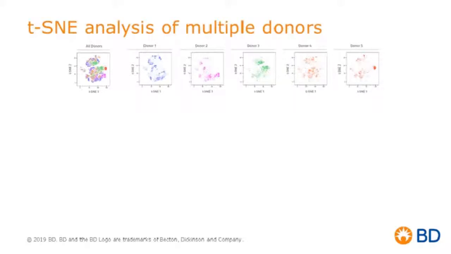They're very specific to each donor. Now, what t-SNE does is a visualization tool. So it's telling us that there's something in each individual donor, some markers that are differentially expressed and drive this different clustering. Now we need to start digging deeper and realize what the markers driving this difference are.